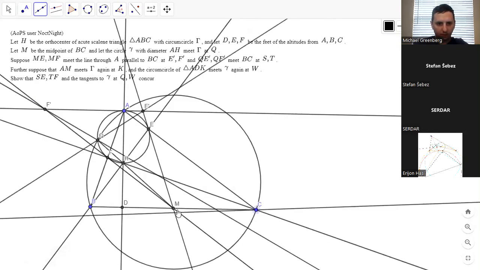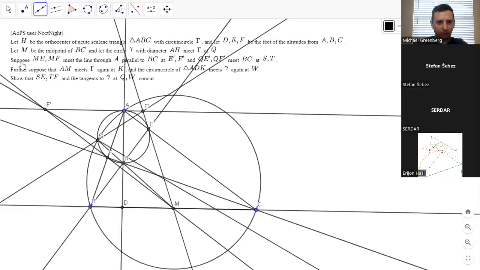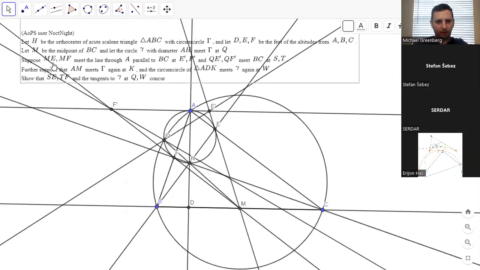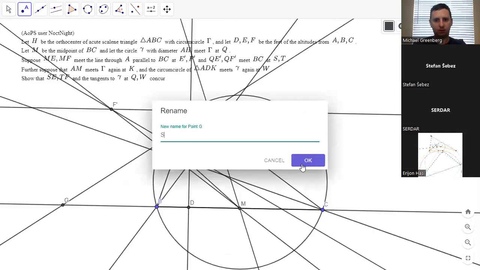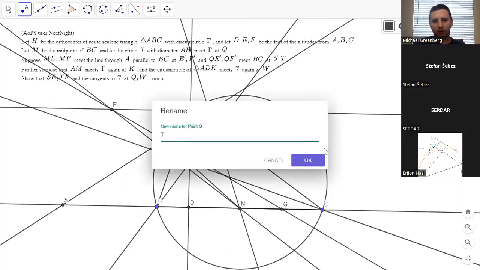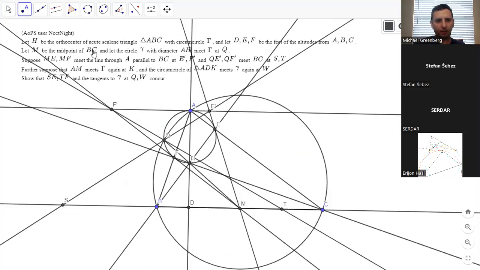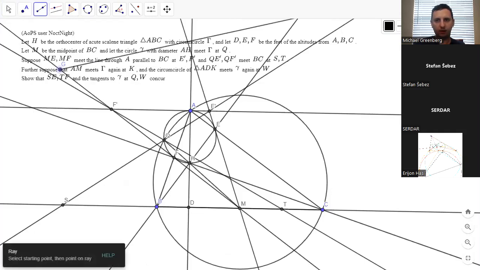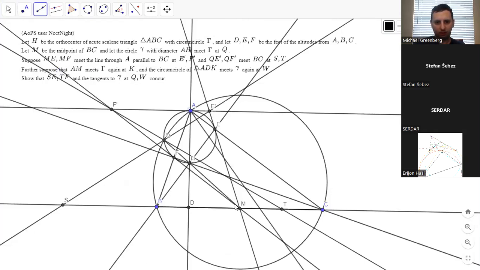Okay. Let me move the figure over a little bit. So we have S and T. So this is S, and this is T. And then it says, suppose that AM meets the circle again at K. So I'm going to make this picture much better in just a little bit.